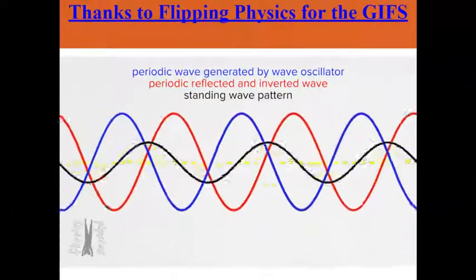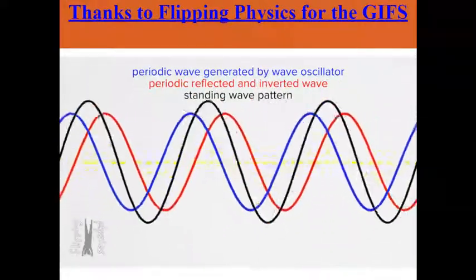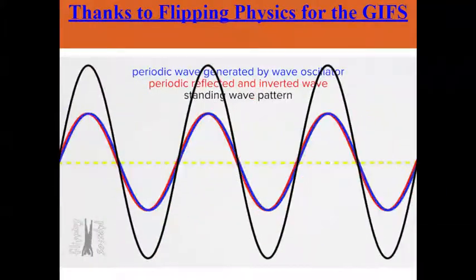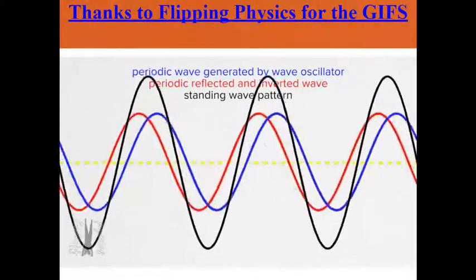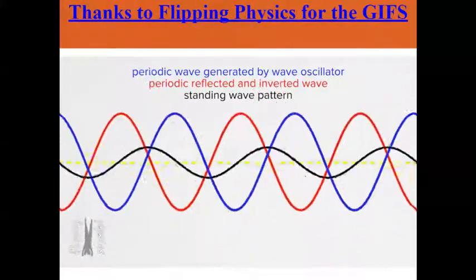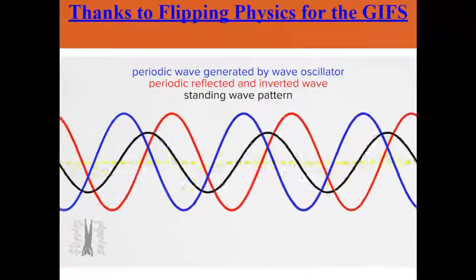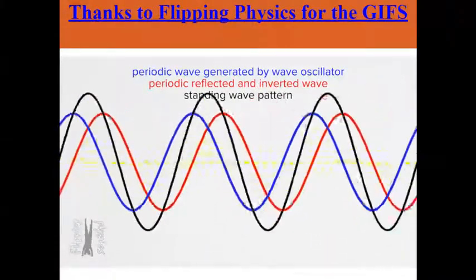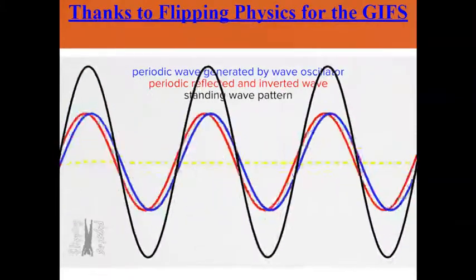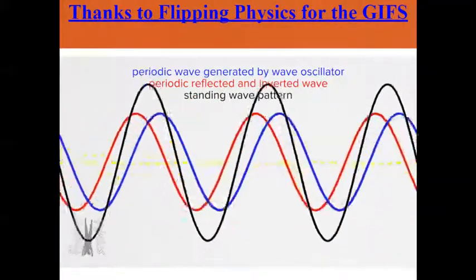So now there's a reflected wave coming back, but meanwhile, the original wave, the blue wave, keeps getting generated. So you have a continuous stream of the red reflected wave and the original blue wave going in opposite directions. They overlap, and the resulting wave pattern is a standing wave. You don't see the red and the blue, you just see the resulting pattern here in black.